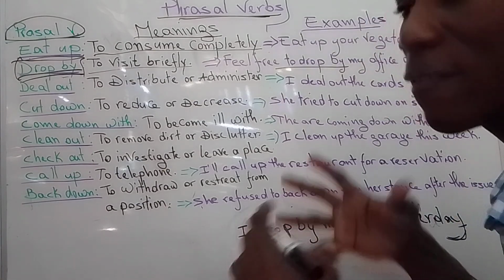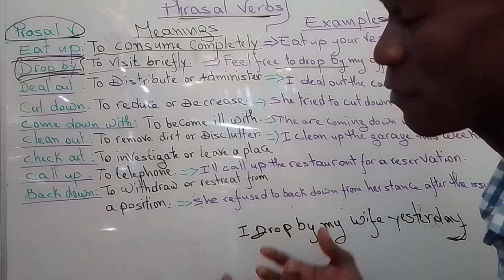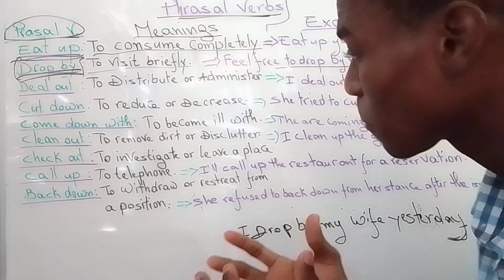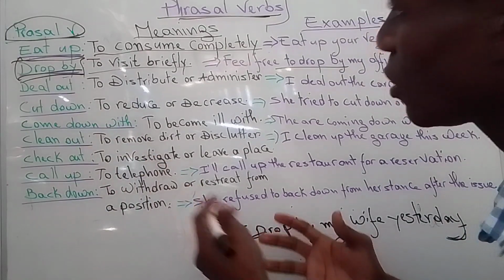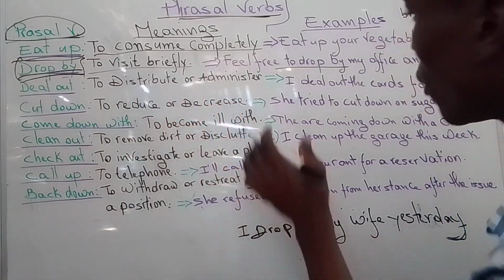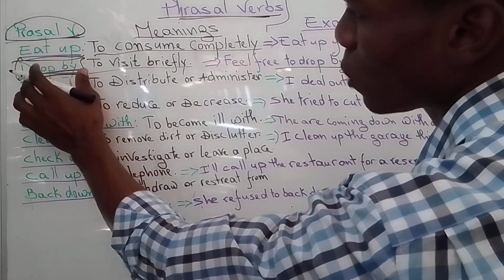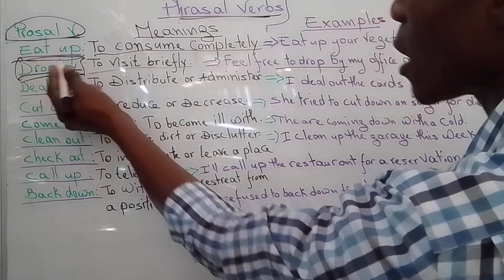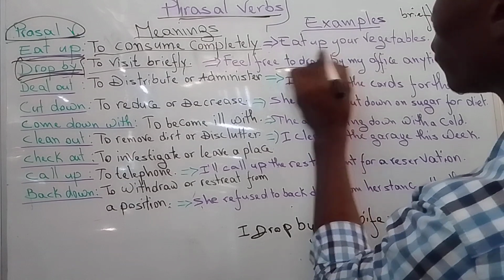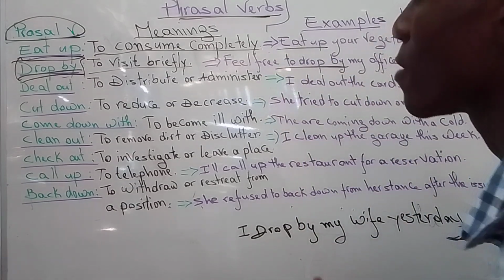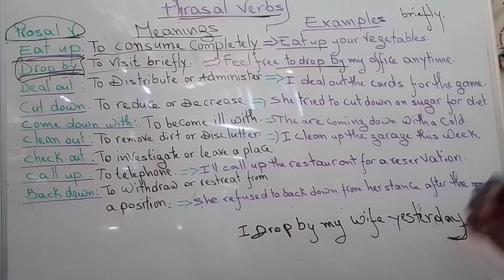That means I visited my wife unexpectedly yesterday. That's what it means. To visit briefly. The first phrasal verb that we talked about is eat up, and the second is to drop by. That means to visit briefly.